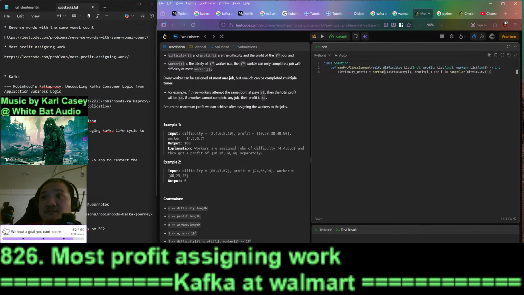We sort by difficulty. And then max total profit, we're going to return max total profit.